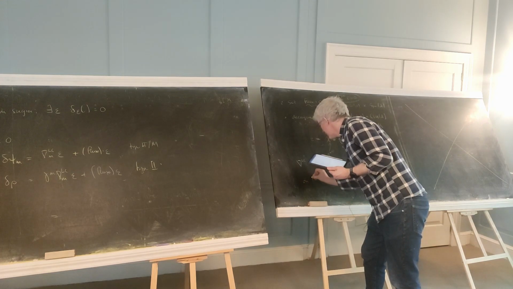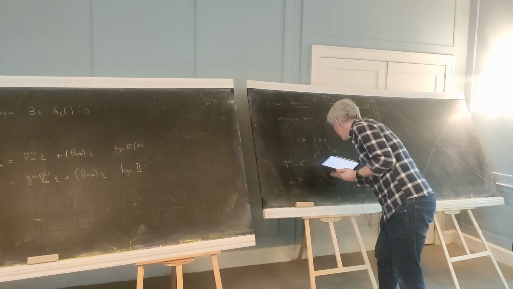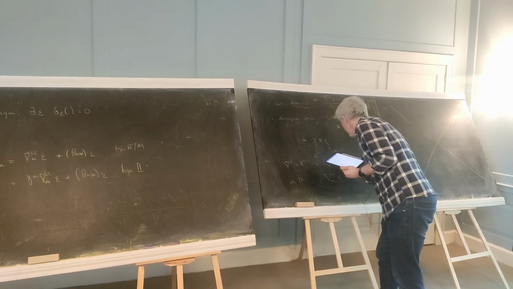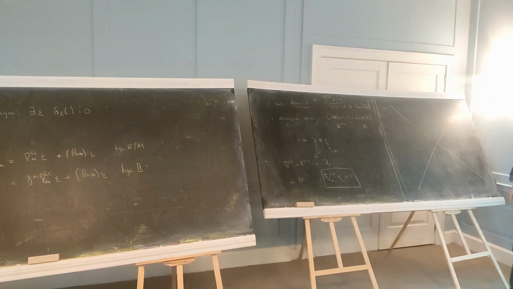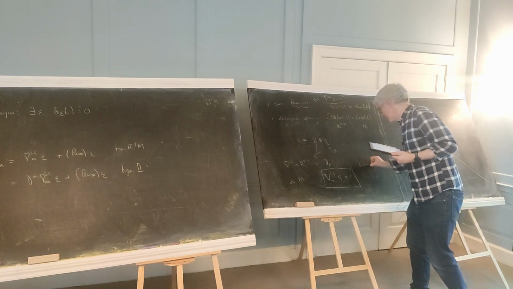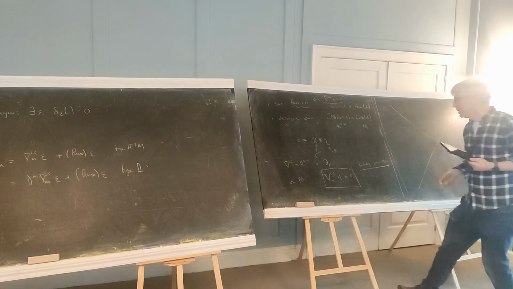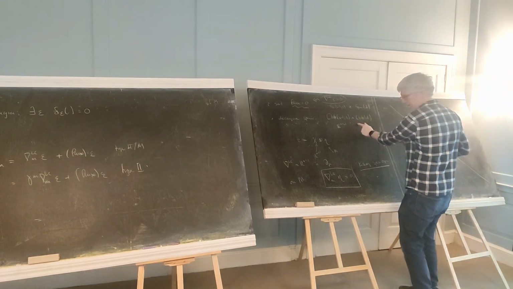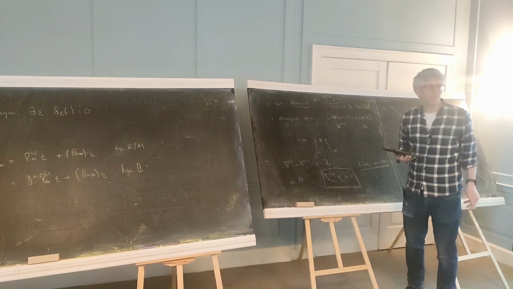So on M, we need to solve that the derivative of the internal spinor is 0. That's the condition we need to solve. This is called the Killing spinor equation. So if we can find a spinor on the internal space that satisfies that condition, then we'll have a supersymmetric background.